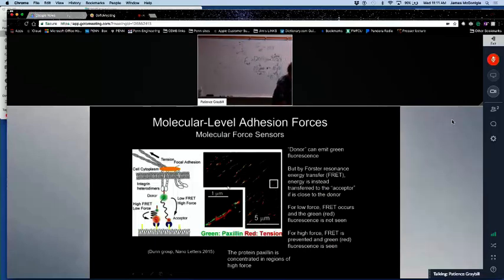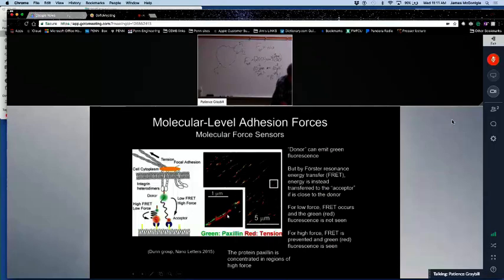Now, this experiment is slightly confusing because what's measured red is actually what's green over here. Okay, so the tension is being measured by doing this FRET approach, and that's shown here. And then at the same time, the distribution of the molecule paxillin is being plotted.